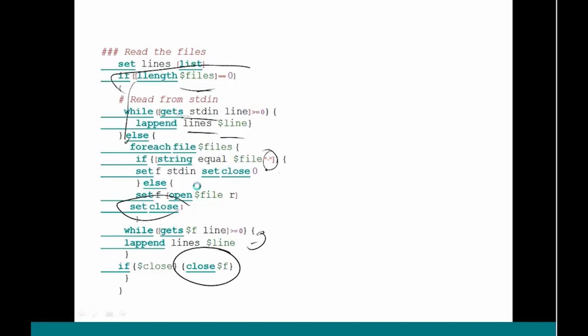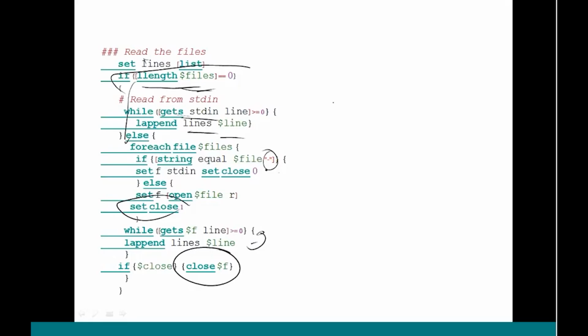Now once we know that, we need to read the lines from the files. So we start reading the file, and if the length of the files itself is equal to 0, then we read from the standard in.